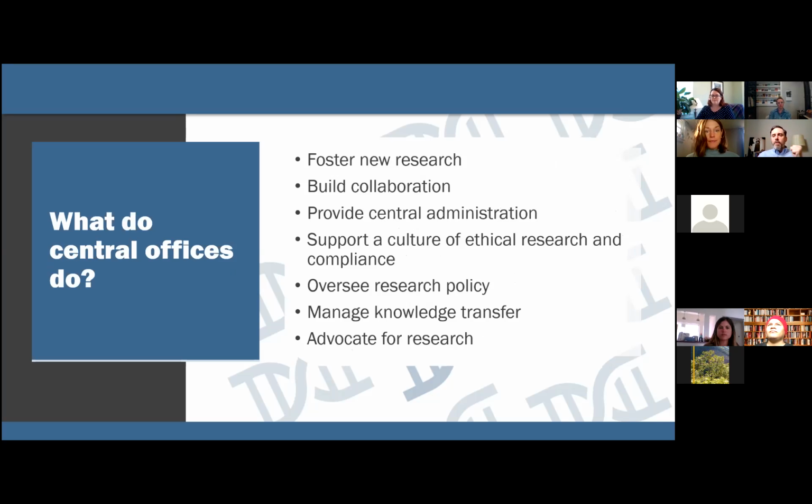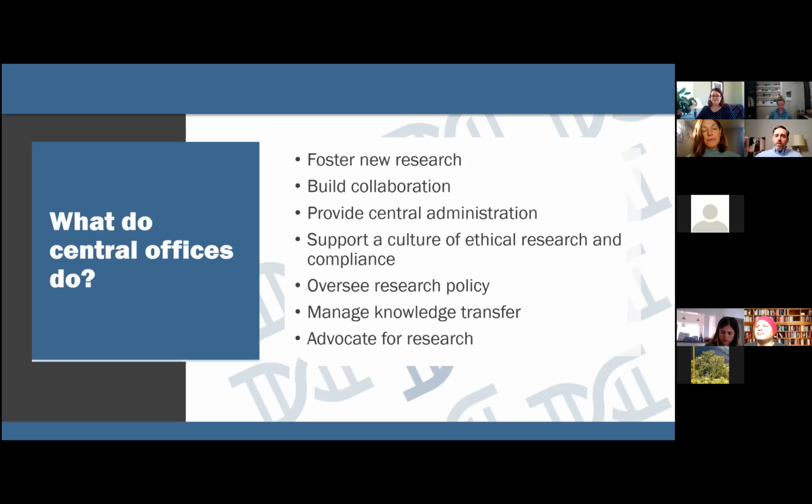Some other things that Holly just listed off, the way that those offices are structured, but some of the other smaller roles that they can perform is they can grow research activity, right? They can work with other organizations to build those collaborations. They can work with sponsors to say, hey, this is what we can offer, and encourage that research activity with outside organizations.